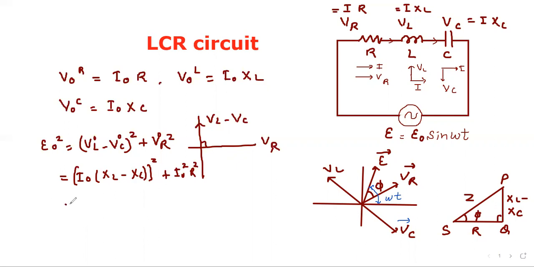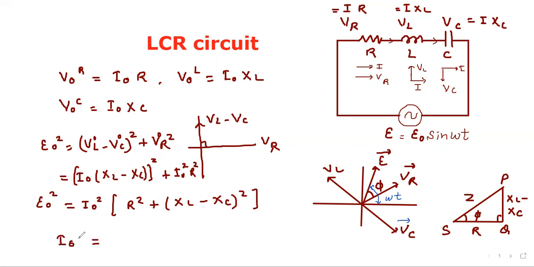So we can take out I0 square, then R square plus XL minus XC whole square will be left, which is E0 square. So from here we can find out E0.